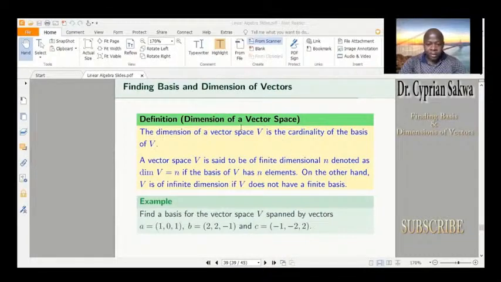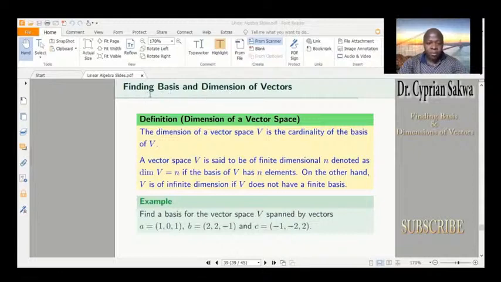In our previous video, we looked at how to determine if vectors form a basis of a certain vector space, if a certain set, for example a set of vectors, forms a basis of a vector space. So in that same video, we defined a basis and we looked at several examples.